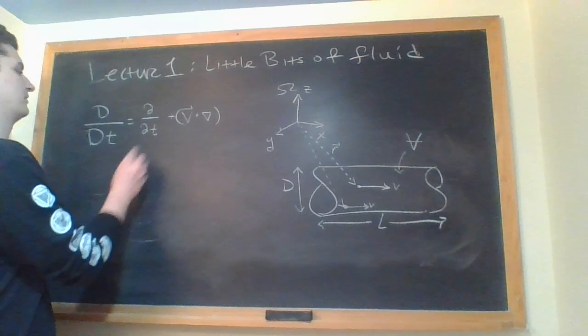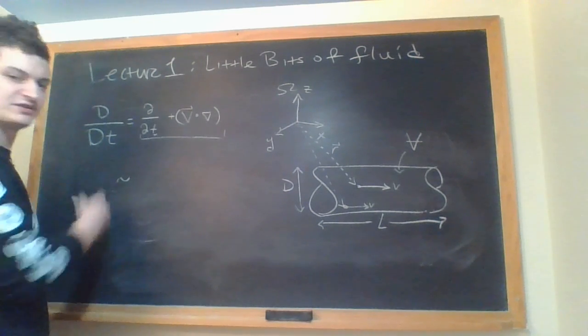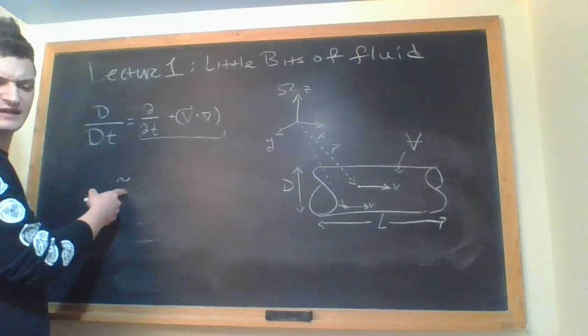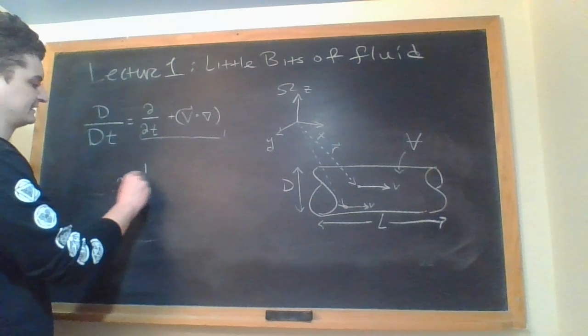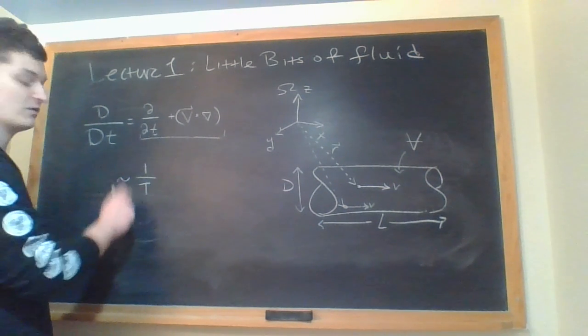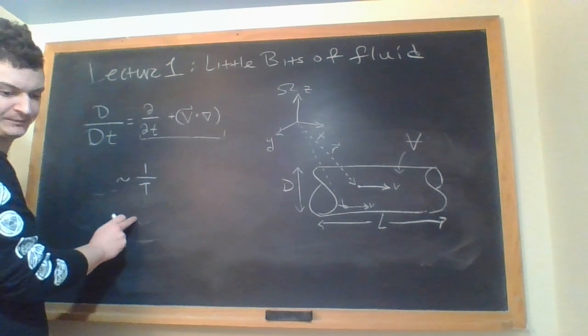So it seems weird, but what you end up doing is instead of an equality, you write this scales as, or approximately as. And then you turn all these things into some sort of characteristic, let's say, time scale. So this is just a value of time. It's 1 over time. This is a differential operator. This is just a fraction.